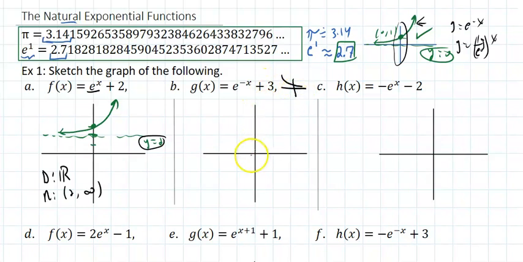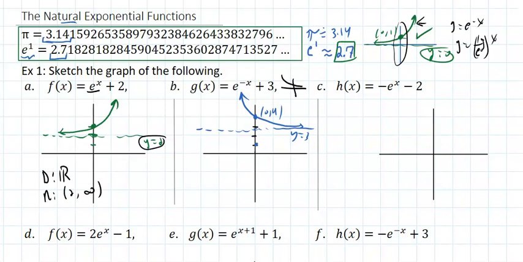If I add 3 to it, the line y equals 0 will shift 3 units up. The point (0, 1) will shift 3 units up, be (0, 4), and exponential decay. And there's the graph. You want to pick points, you're welcome to, but this is all we need. And we could identify domain and range.